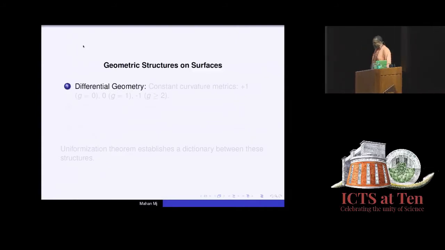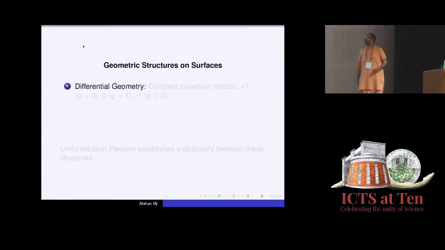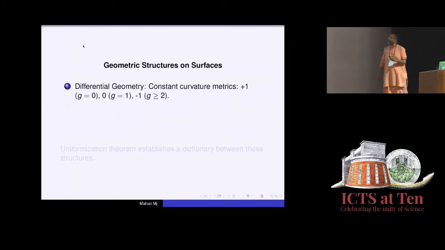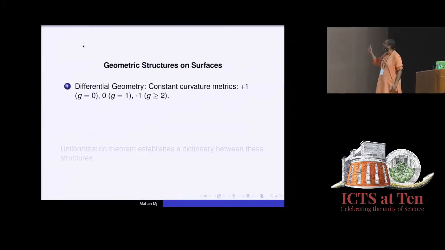So there's the differential geometric approach, which probably goes back to Gauss, where you're really looking at constant curvature metrics on these surfaces. And it's +1 for genus 0, 0 for genus 1, and -1 for genus higher than that.